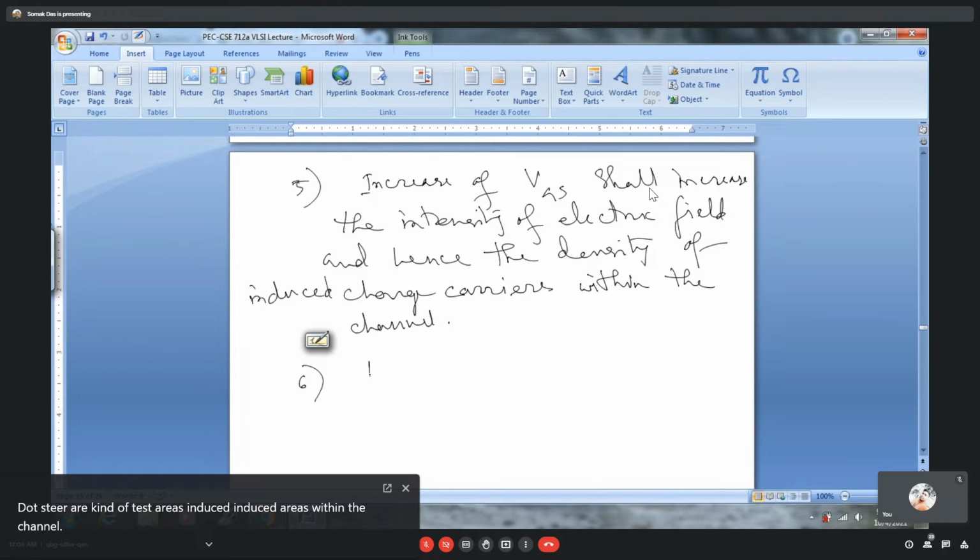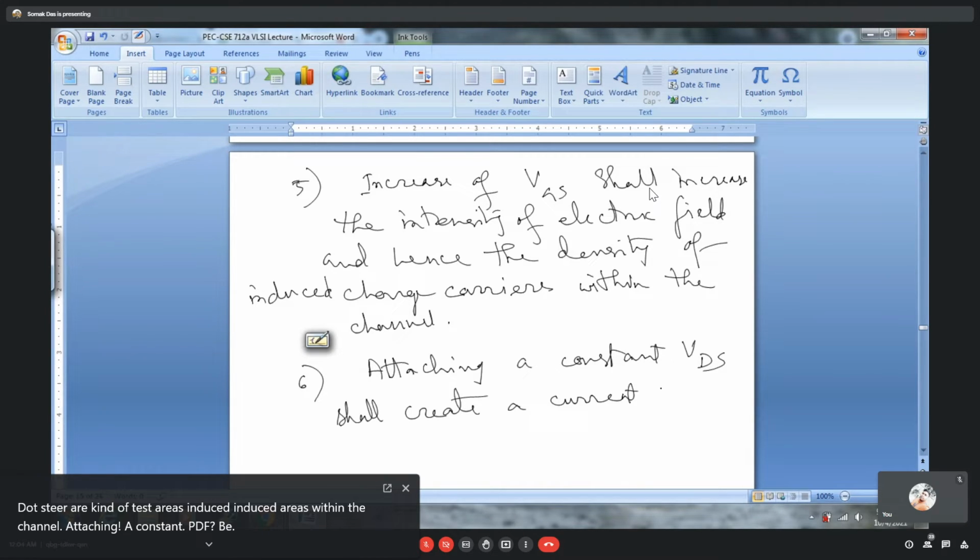Now, attaching a constant VDS shall create a current flow to the channel.